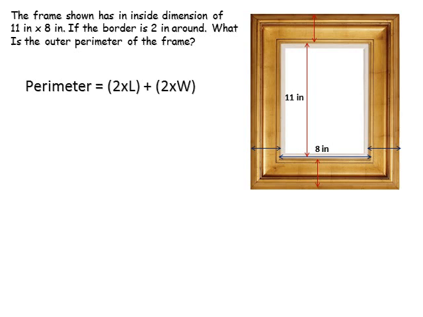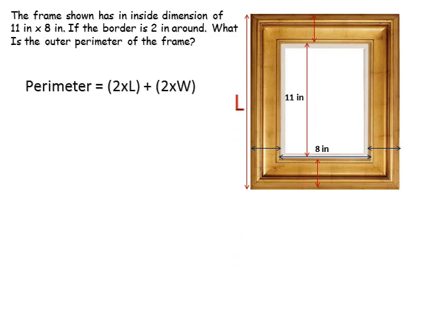Okay, what we want to find out is the perimeter around the frame, or the outer perimeter. This is the formula for perimeter: 2 times length plus 2 times width for a rectangular figure. This is your length. Are you copying?